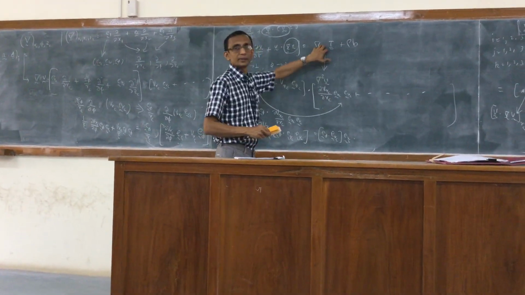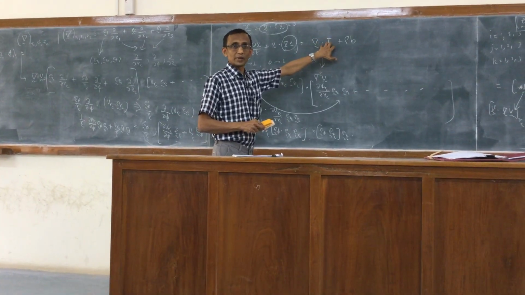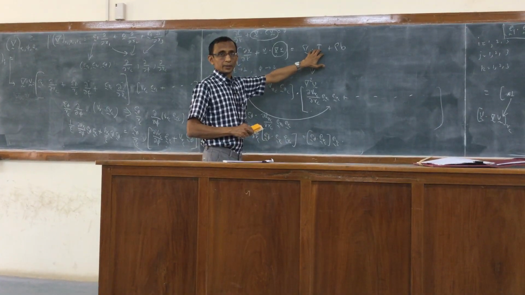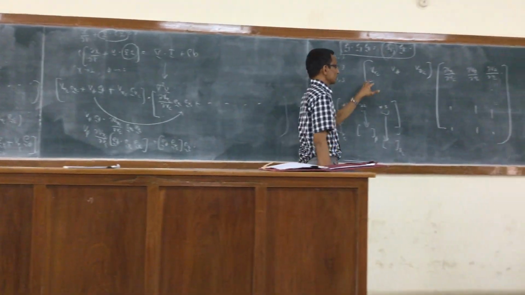Before getting into this is the general equation of motion. So we will now see how to evaluate the divergence of a tensor in cylindrical coordinates. That's the next operation we are going to consider.